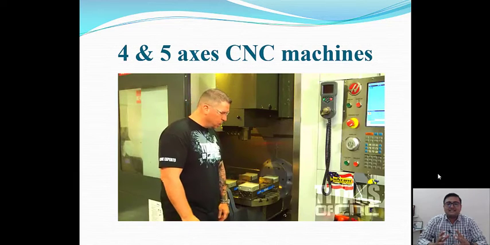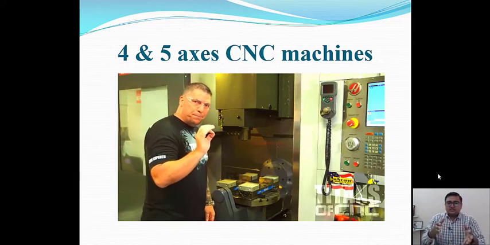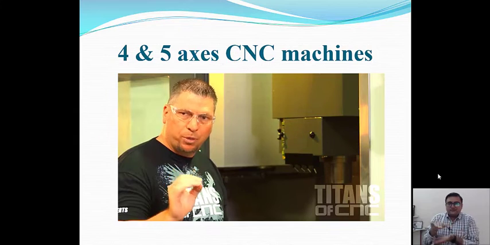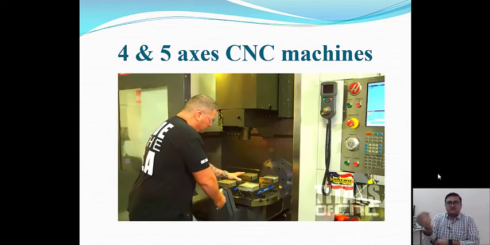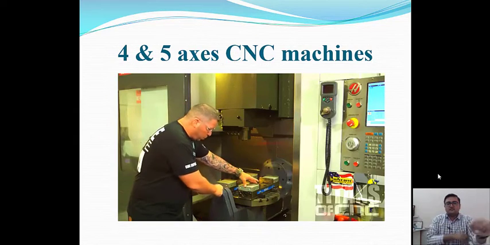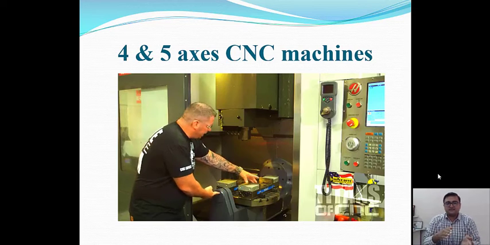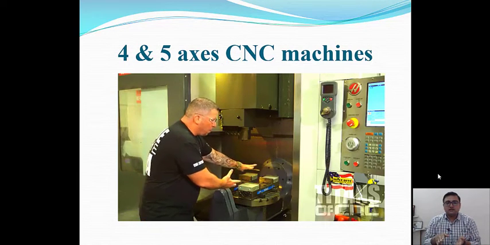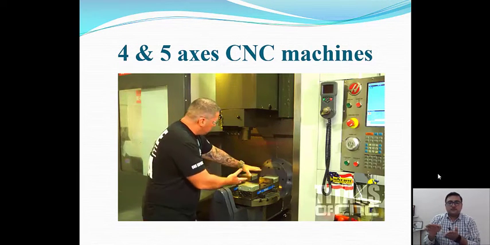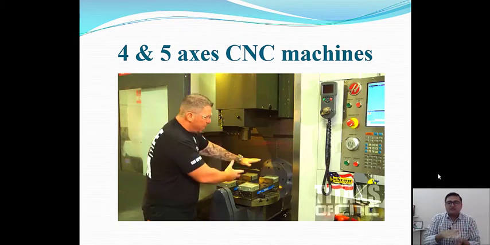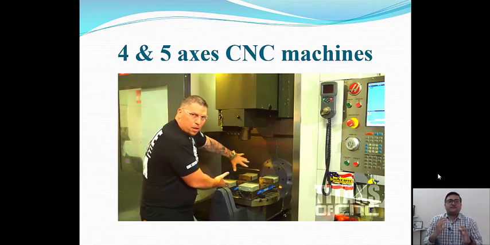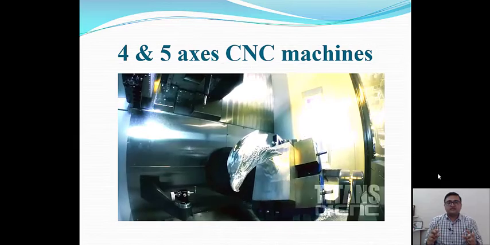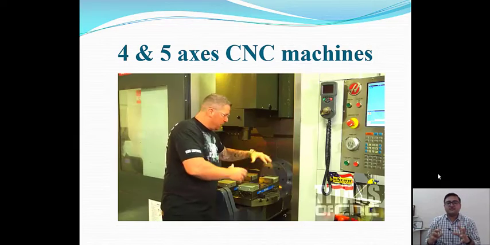See what he is explaining. The swing bed is given for the 5th axis. The swing bed is given here. Now look at this bed. This is the 5th axis, the swing axis. So it can swing, and that will be considered as the 5th axis. So this is the 5th axis.